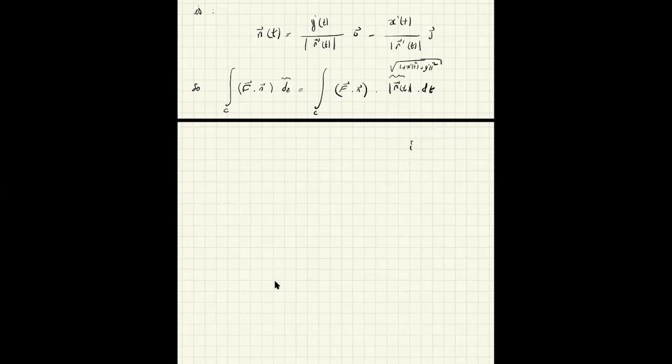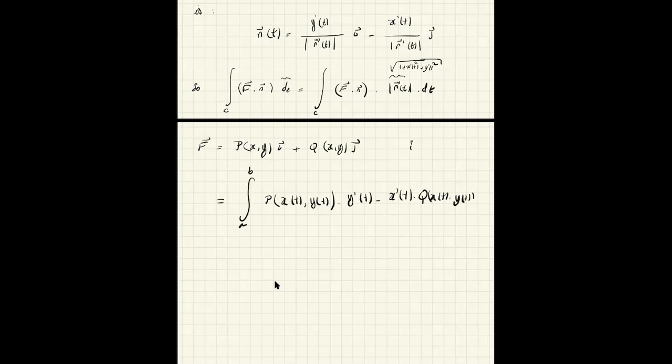Let me write this. So f is p(x,y) i plus q(x,y) j. So this is equal to the integral from a to b of p evaluated at the curve, x(t), y(t), times y prime t, minus x prime t times q evaluated at x(t), y(t), divided by the norm of r prime t.